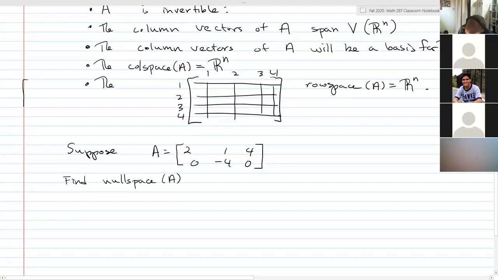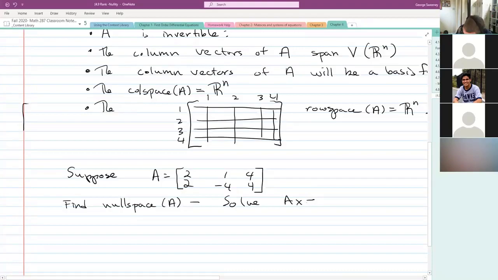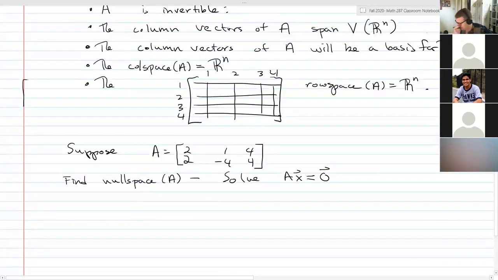To find the null space of A, we solve AX equals 0. So go in and solve AX equals 0.